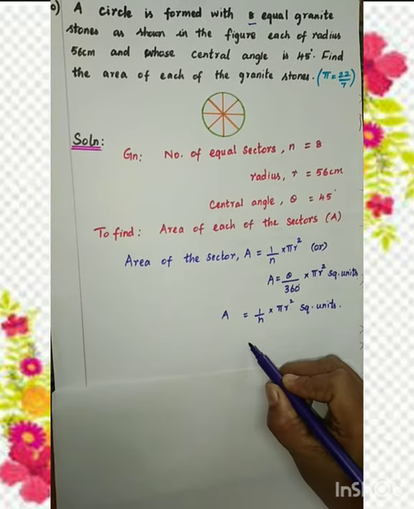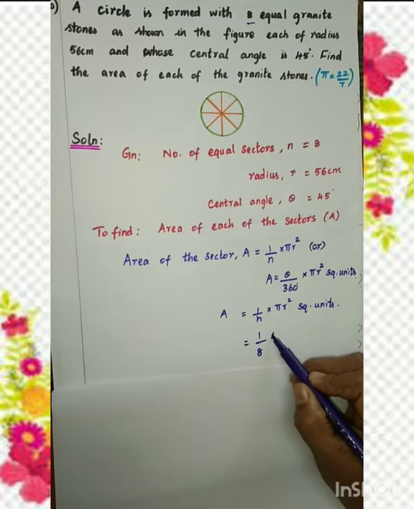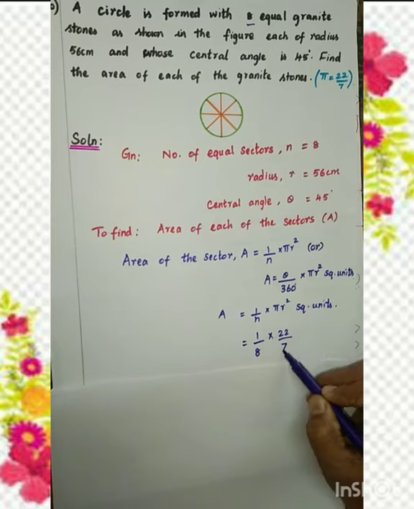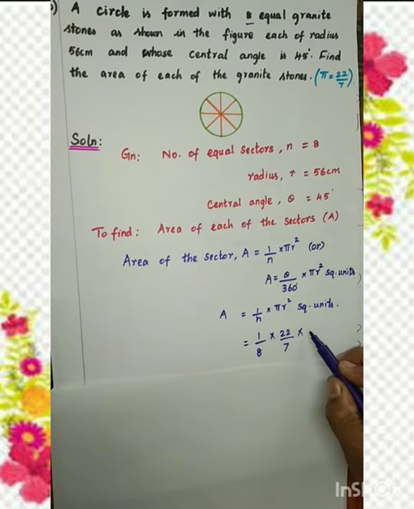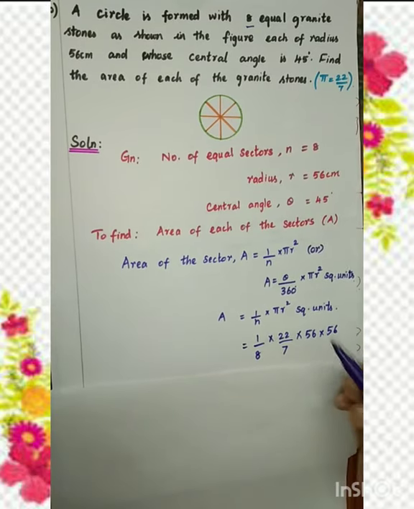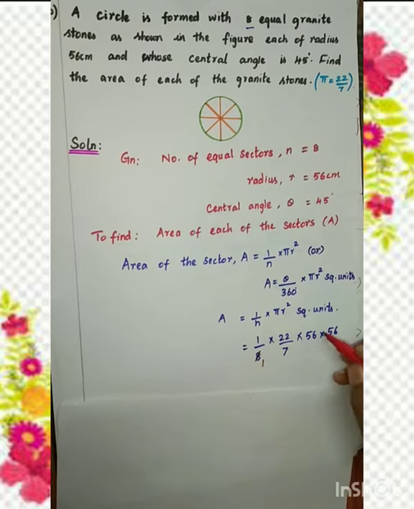By using these two values we can find the area. That is 1 by n is 1 by 8. So we can apply 8, and pi value is mentioned 22 by 7 and radius is given as 56. So 56 into 56. Then we can cancel with the 8th table. 8 sevens are 56.